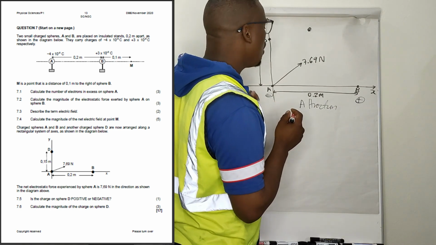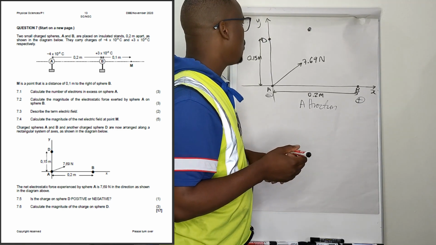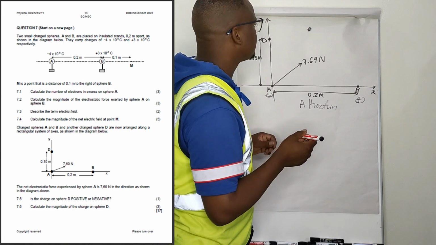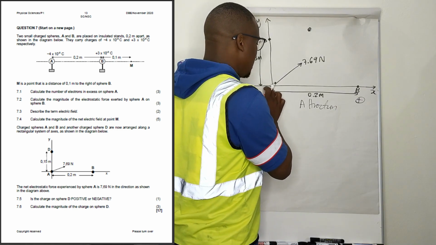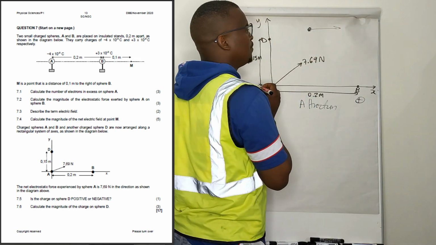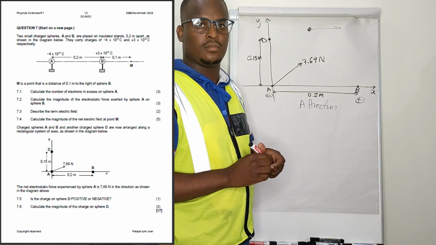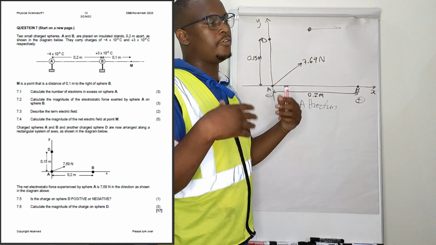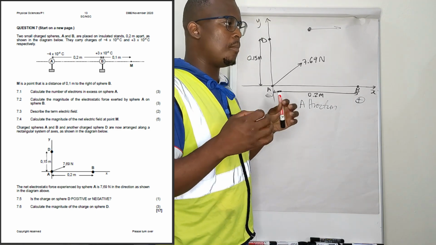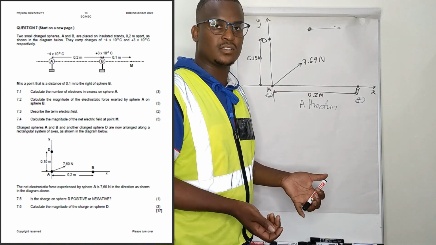So the free-body diagram of A. Now we know for sure that the force experienced by A as a result of B is in that direction. So A is being pulled in that direction by B. I'm not going to include the force of gravity and the normal force; I'm only going to draw the force that we're interested in, which is our electrostatic forces.